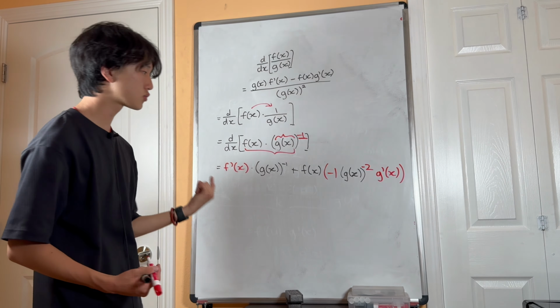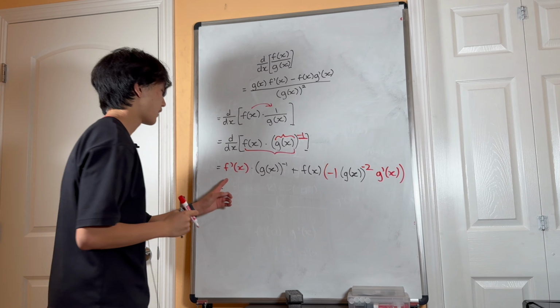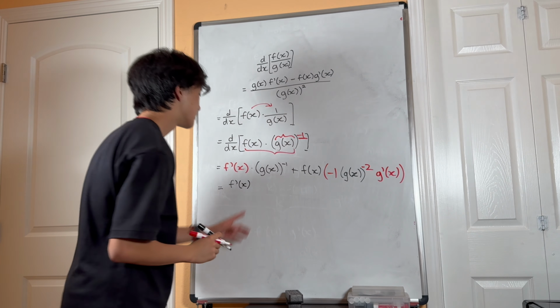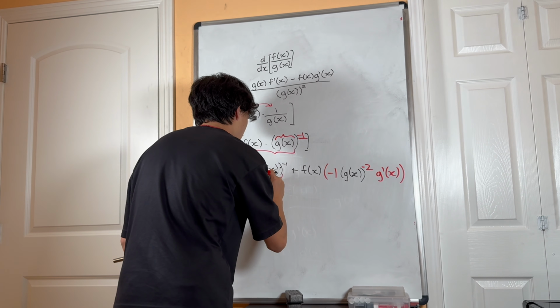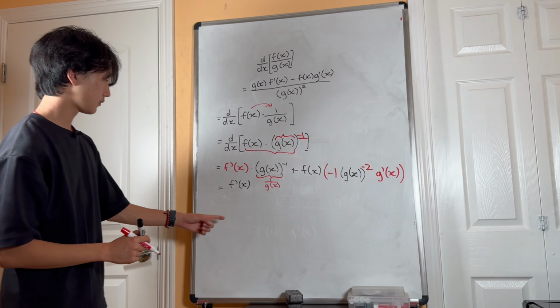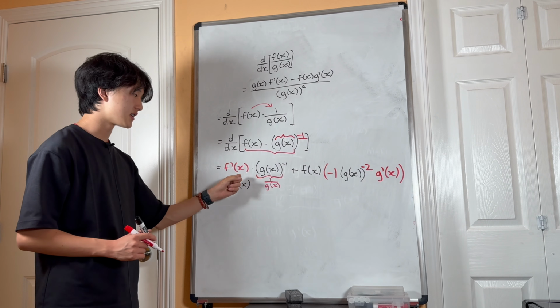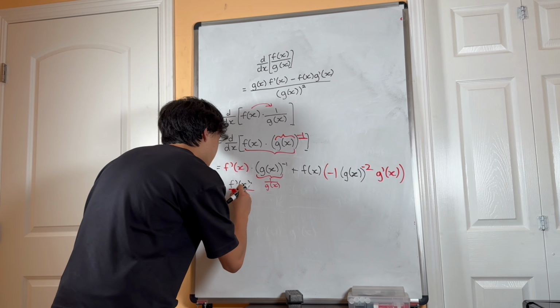Next, we just have a massive round of simplification. So I want to deal with this first term first. It looks kind of simple. f prime of x, we can write it as the numerator, because what is g of x to the negative 1? It's just 1 over g of x. If we do f prime of x multiplied by 1 over g of x, then it's going to be f prime of x over g of x for the first term.